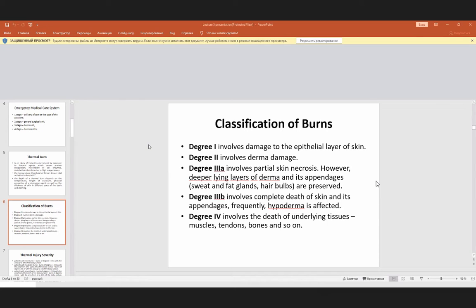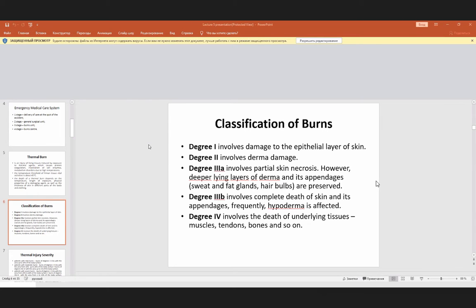Pain is acute in the damaged area, which abates after 1-2 days. Edema and redness disappear after 3 or 4 days.